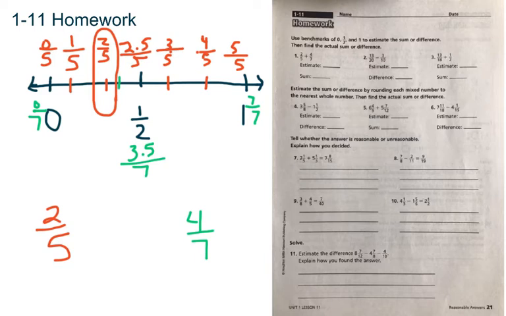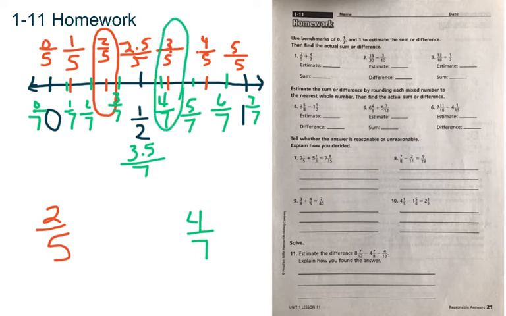Then you'd have 3/7, 2/7, 1/7, 4/7, 5/7, and 6/7. And you can see that 4/7 is right here.